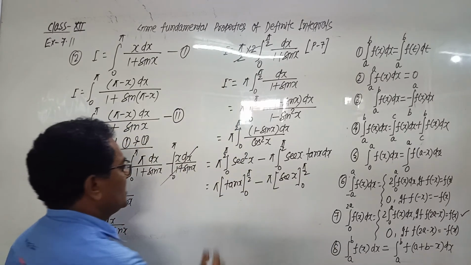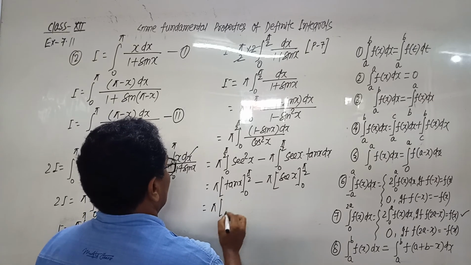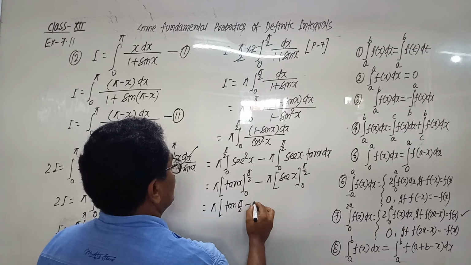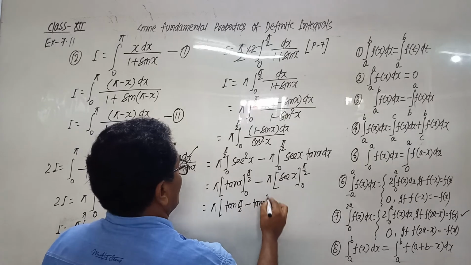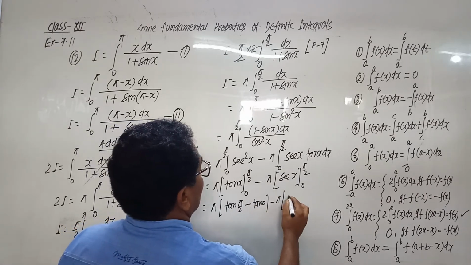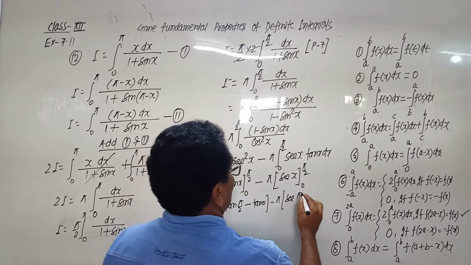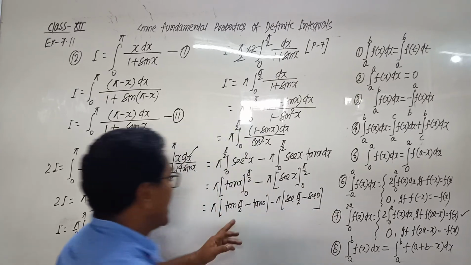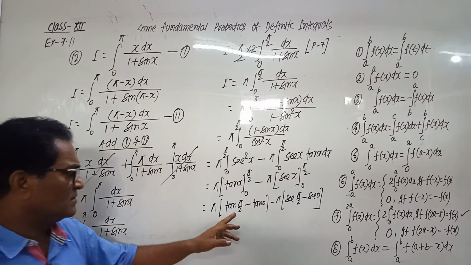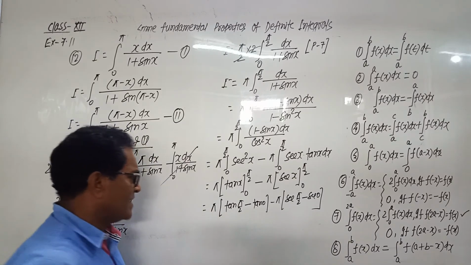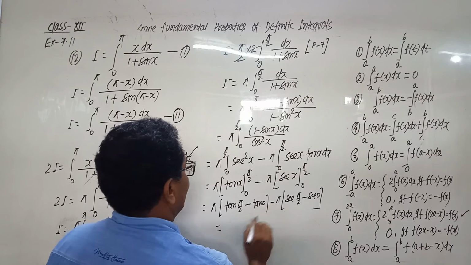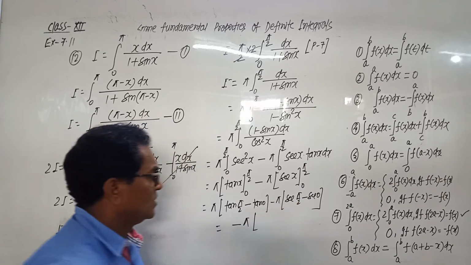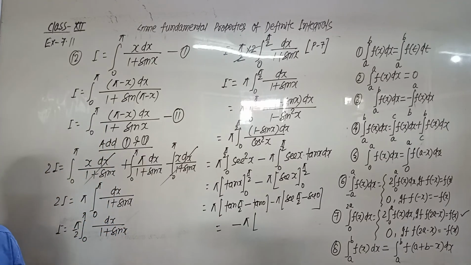So put the limit. So pi, tan pi by 2 minus tan 0, minus pi, sec pi by 2 minus sec 0. So tan pi by 2 is infinity, and infinity multiplied by anything is meaningless.